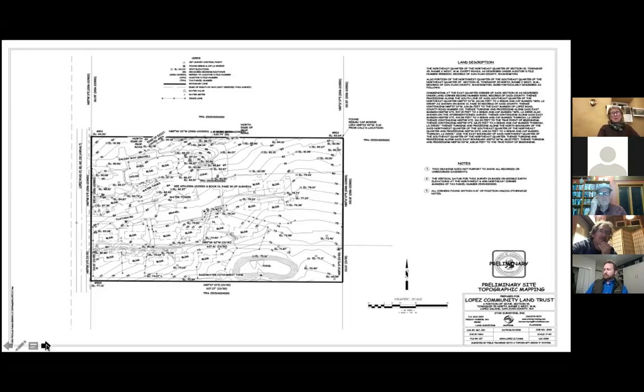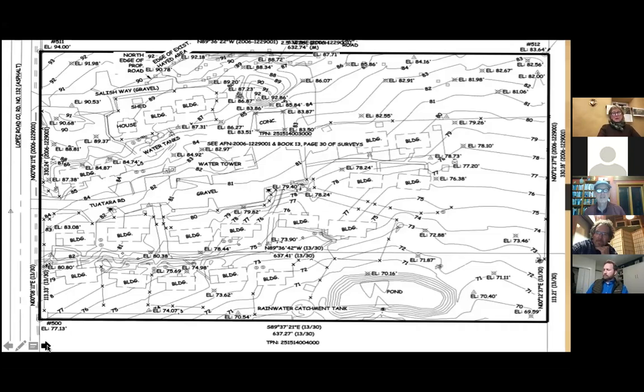I put this up here because it's showing the elevations, it's showing where some of the buildings are going, and you can see it quickly becomes what some consider sort of a chaotic mess, really. Here it is again, just a little bit.